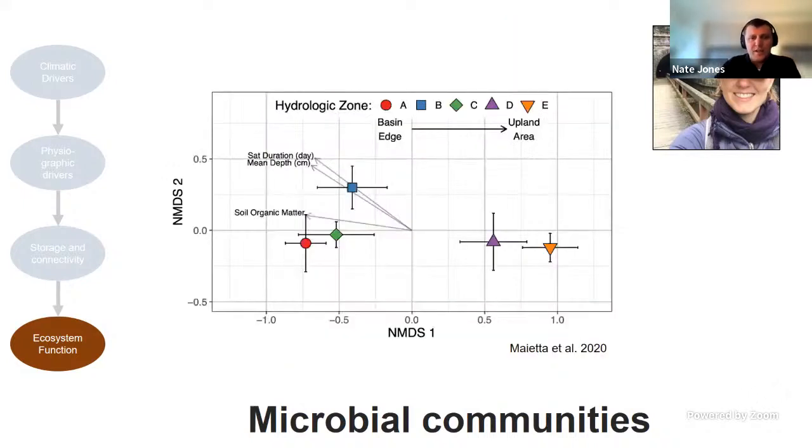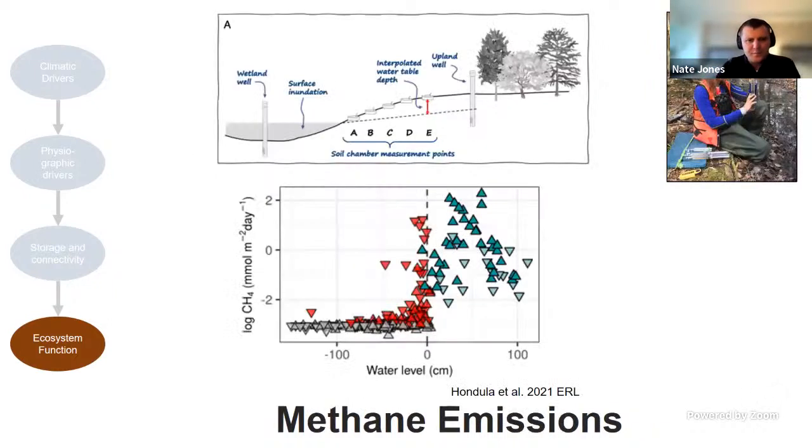Christine Mayetta did this work, and when she looked at what was structuring those communities, both the mean depth of water at each location and also the saturated duration popped out as correlating with community structure in the NMDS here.